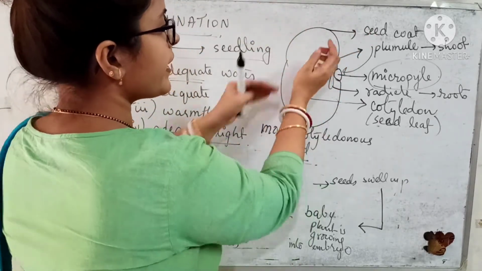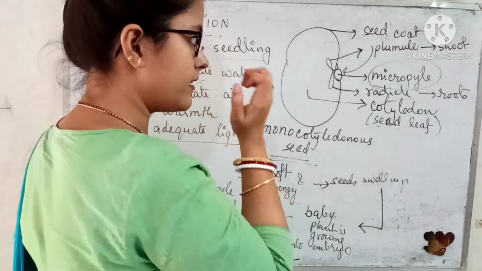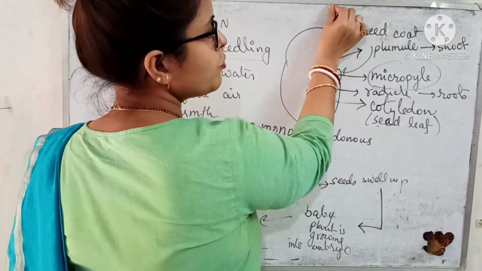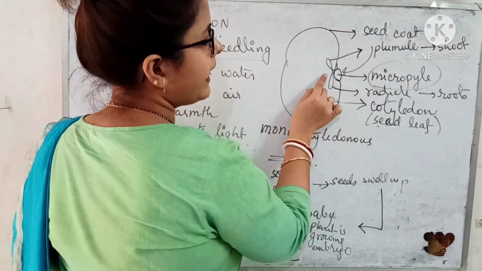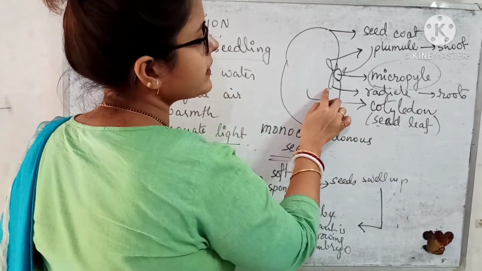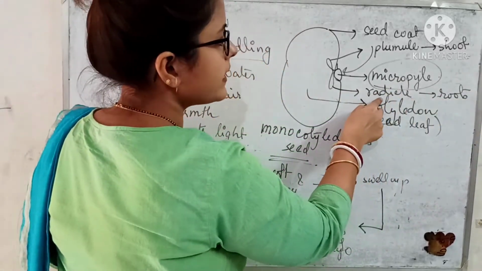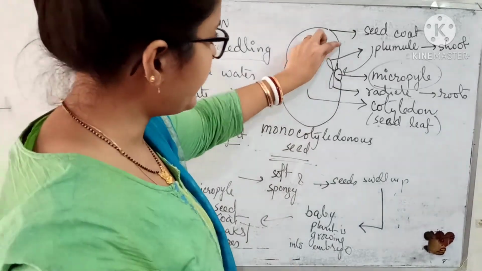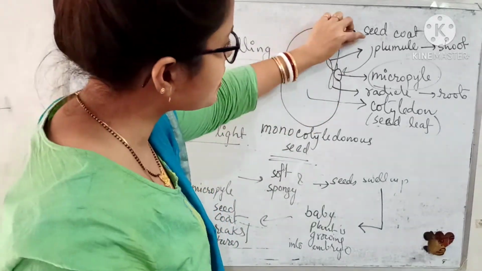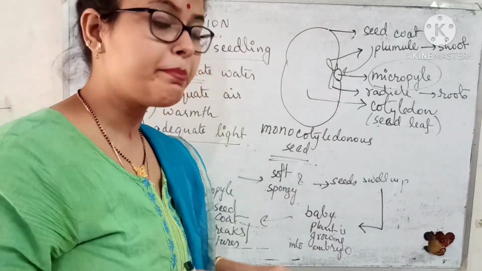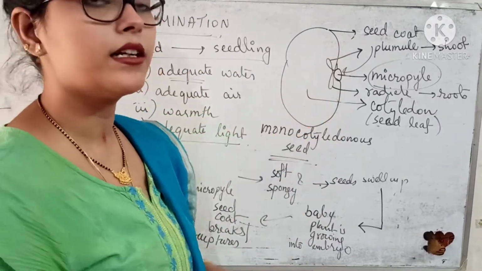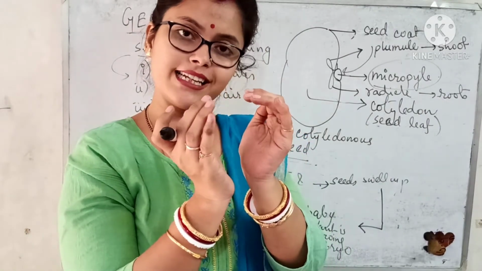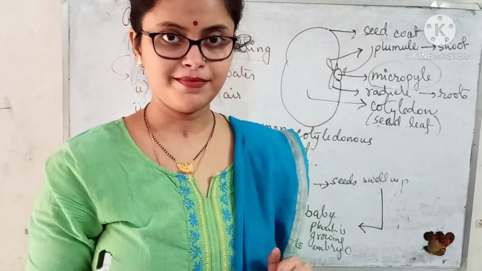This hard covering breaks open, and the part of the baby plant that is growing into the shoot is called the plumule, and the part that is growing into the root, that is the radicle, grows out of the seed. I repeat, the plumule and the radicle grow out of the seed, with the seed coat breaking open.